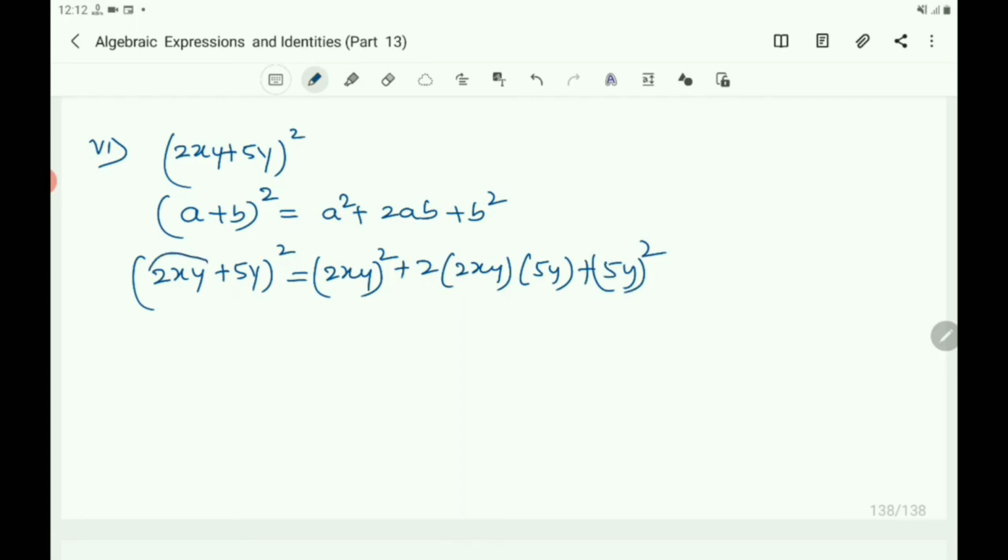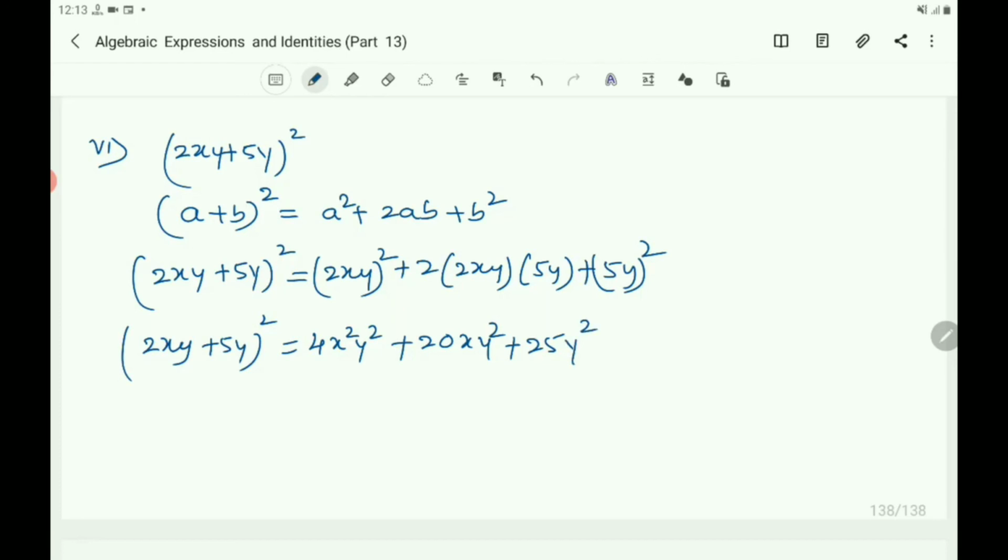So 2xy whole square plus 2 into 2xy into 5y, that is 2ab, and b square is 5y whole square. So 2xy whole square is square of 2 is 4 x square y square, plus 2 2s are 4, 4 5s are 20 x, y into y is y square, plus 5 square is 25 y square.